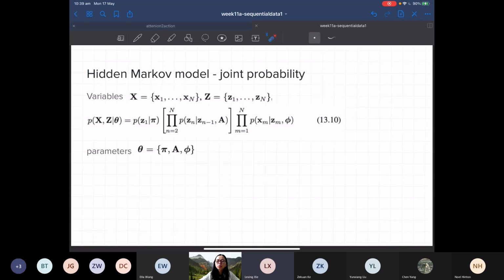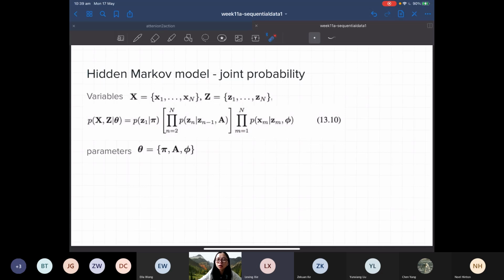So putting all of these representations and probability and some parameters together, what do we get? Here it is. Our variables are a sequence of x's, observations, and then a sequence of z's, latent variables. The joint probability of these 2 sets of variables is basically the prior times the product of the transition probabilities times the product of emission probabilities.